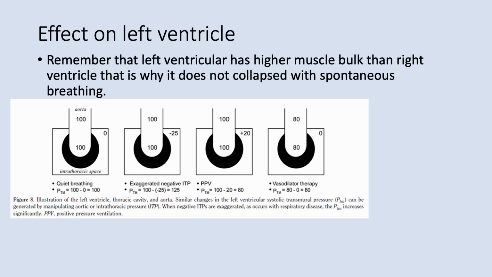A vasodilator will reduce the intra-aortic pressure, and that reduction will help the left ventricle to pump the blood. So the effect of positive pressure ventilation is helping the left ventricle to overcome the pressure gradient, which is the afterload, in another simple term.